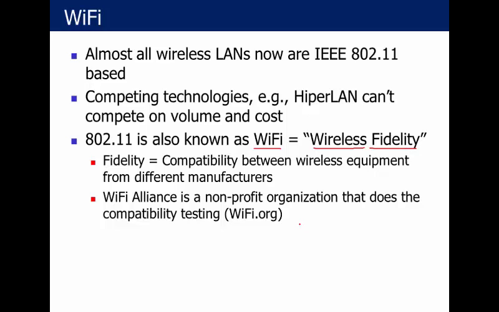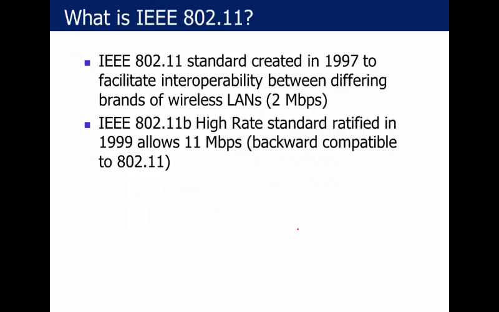Fidelity means compatibility between wireless equipment from different manufacturers. The Wi-Fi Alliance is a non-profit organization that does compatibility testing. You can find a lot of regulations on this website, wi-fi.org. 802.11 is a standard created in 1997. 802.11b, a high rate standard ratified in 1999, allows 11 Mbps.